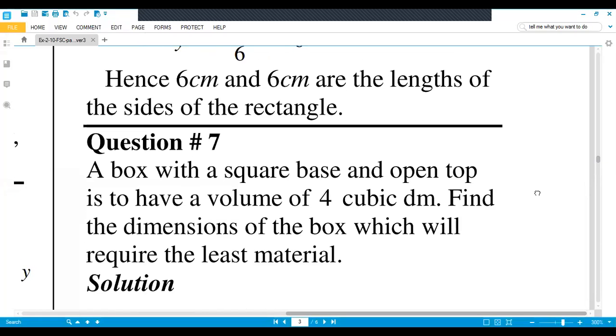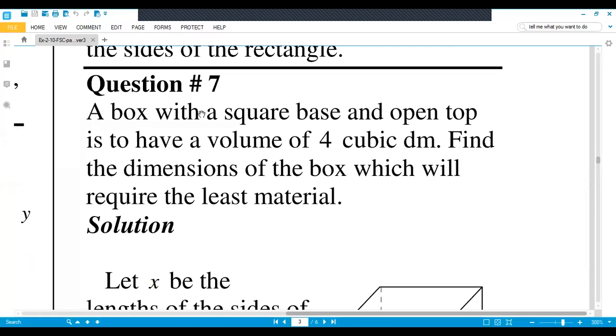Question number 7 is: a box with a square base and open top is to have a volume of 4 cubic decimeter. Find the dimension of the box which will require the least material.